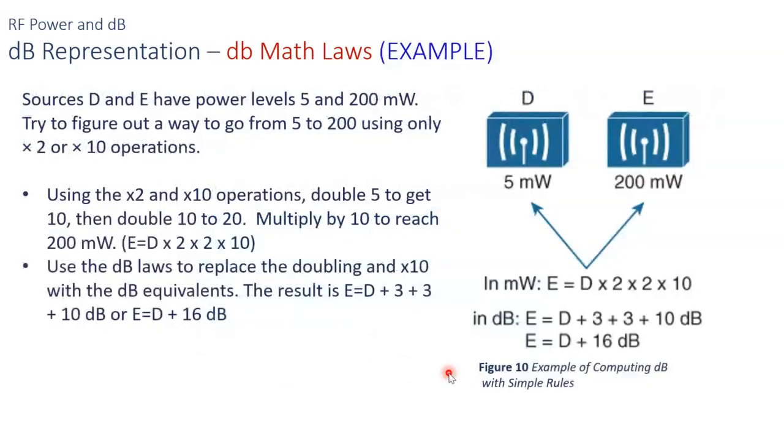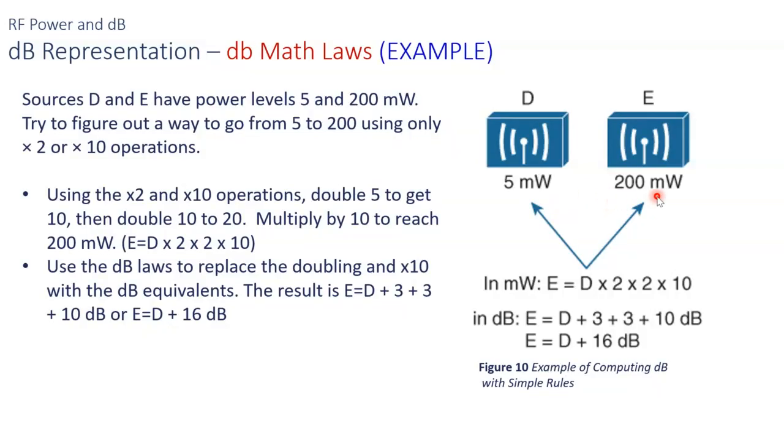So let us take an example. Here I have two powers, two transmitters or a transmitter and a receiver. Let us say these are two sources, source D and source E. What is the value of source D? 5 milliwatt.